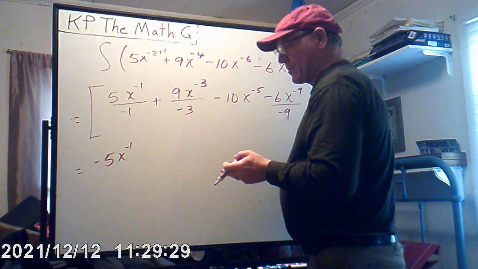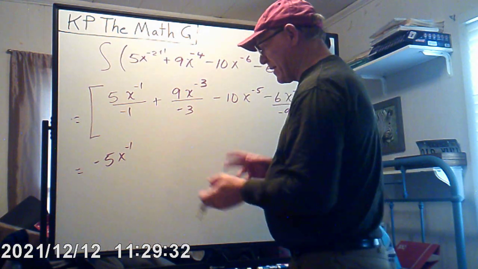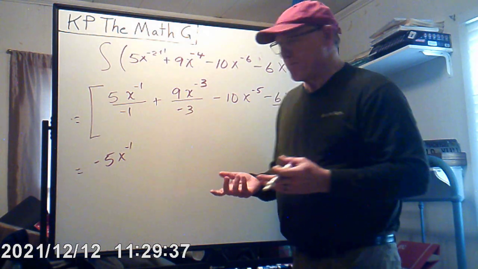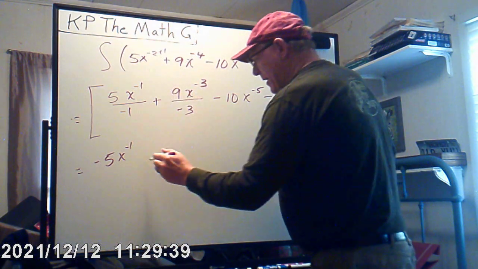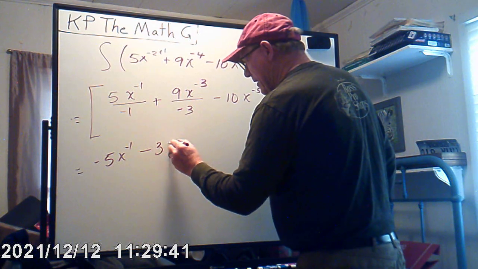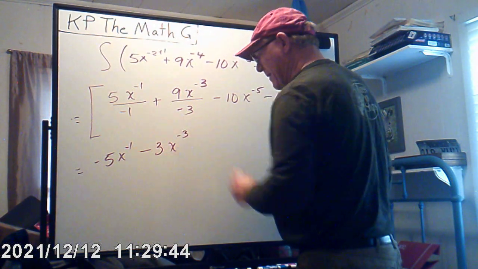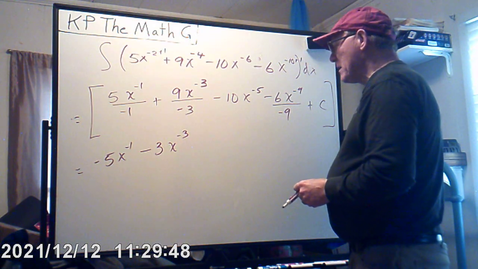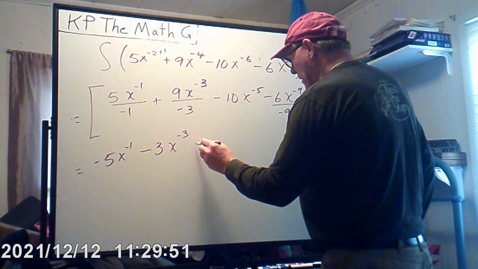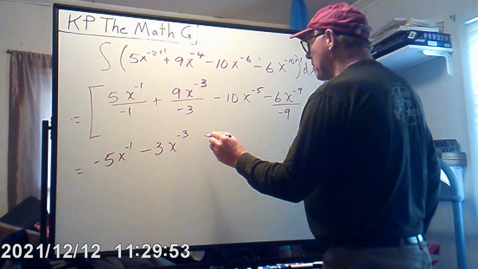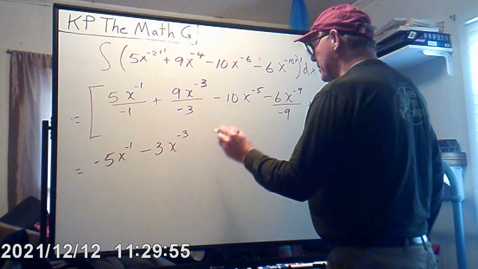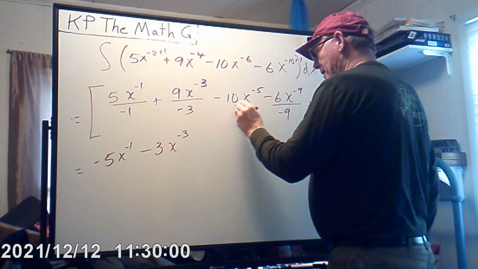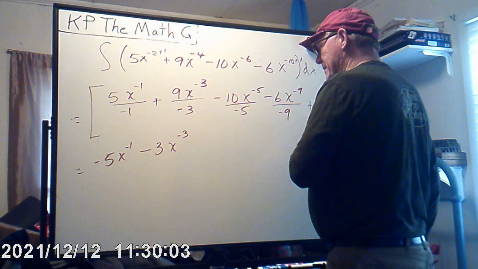A lot of times students will fix both of them at the same time, and I'll show you what I'm talking about, but I want to do one thing at a time. 9 over negative 3 is negative 3, x to the negative 3. And then right here, wait a minute, what did I do here? I should have had a negative 5 down here, didn't I?